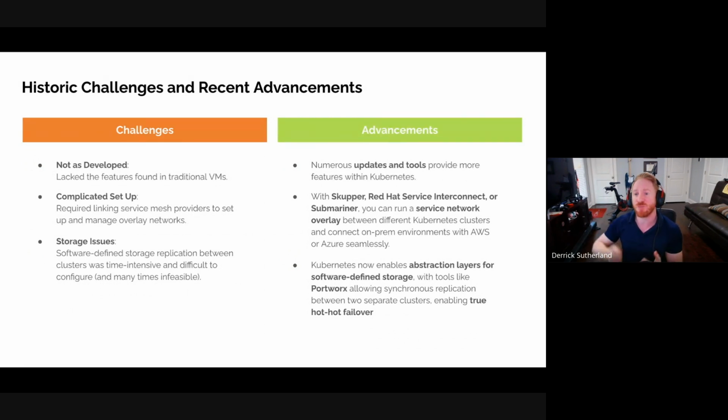Tools like Portworx have been around for years, but they've gotten so polished at this point that now it's very push-click easy to install inside of an environment for the most part, with some caveats around that. And really what's important is making sure that you're architected appropriately for these different types of use cases and benefits.